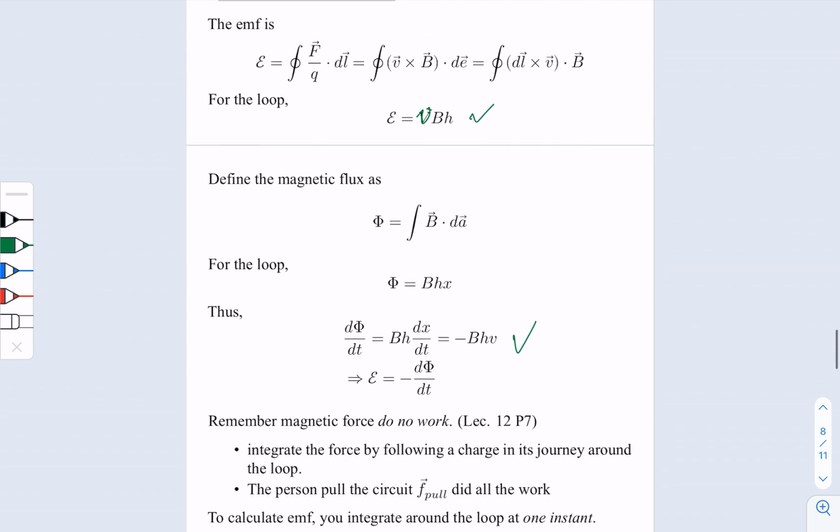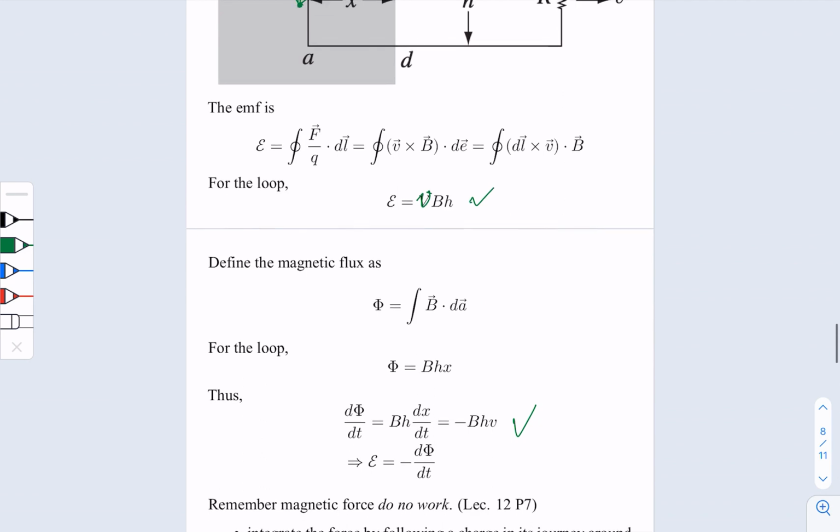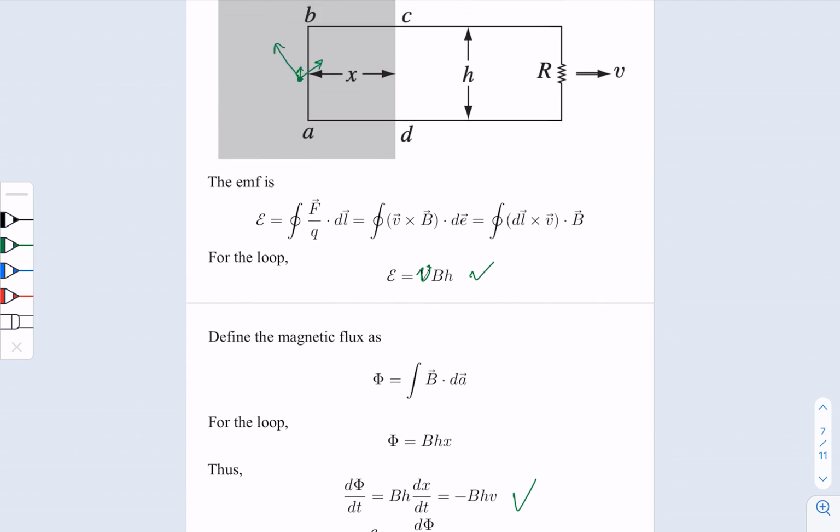That's because, if you remember, we talked about this in lecture 12, page 7, you can go back. When the charge moves, the magnetic force is always perpendicular to the velocity.